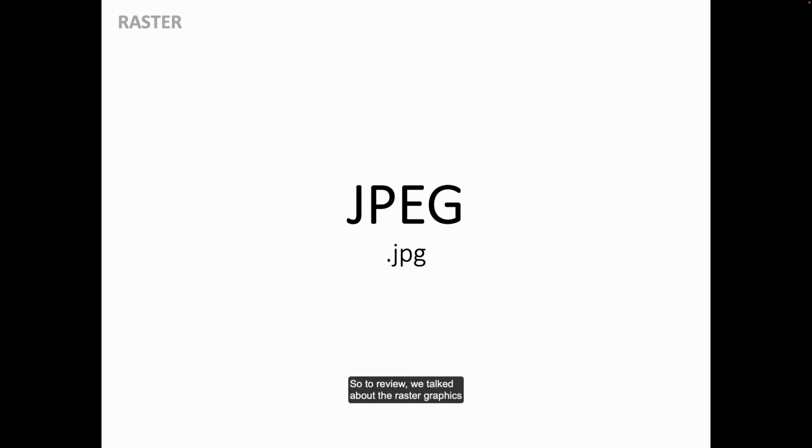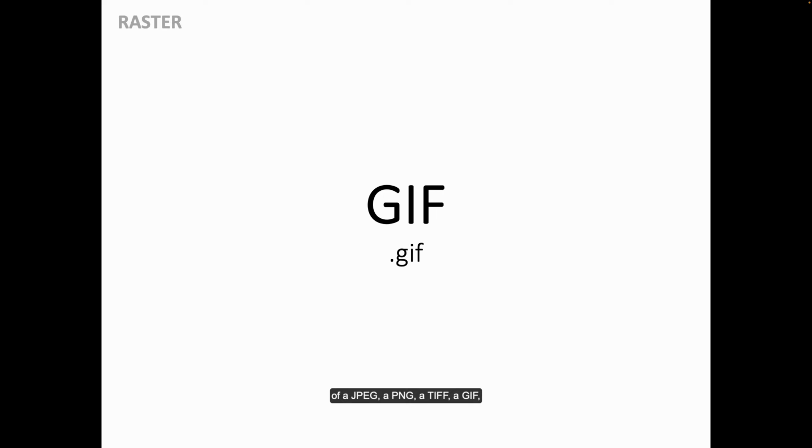So to review, we talked about the raster graphics of a JPEG, a PNG, a TIFF, a GIF, and we talked about vector file formats, the PDF, the SVG, and the EPS.